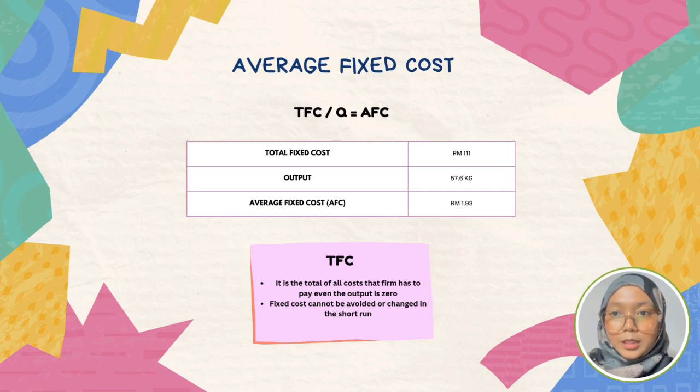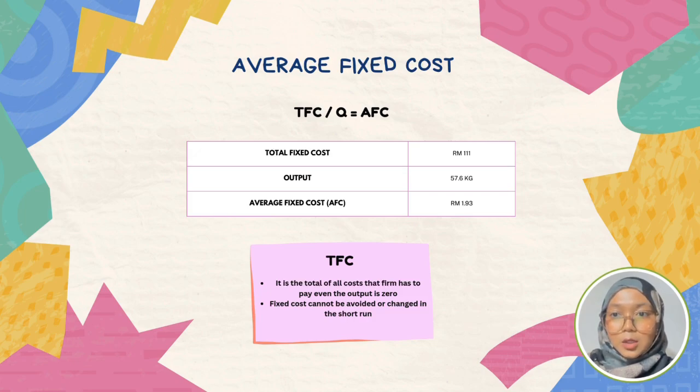The output here is 57.6 kg of vegetables. So the next step is to calculate the average fixed cost, AFC. AFC is calculated by dividing the total fixed cost, TFC, by the output. So RM111 divided by 57.6 kg gives us an average fixed cost, AFC, of RM1.93 per kg.